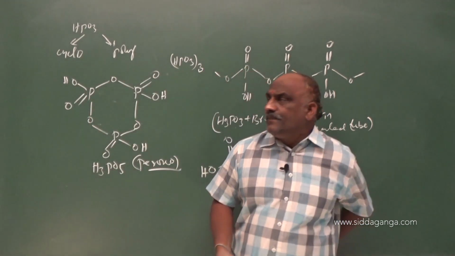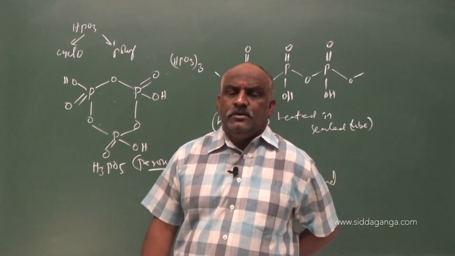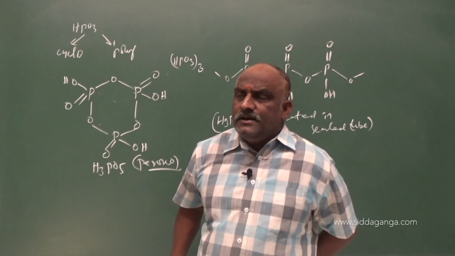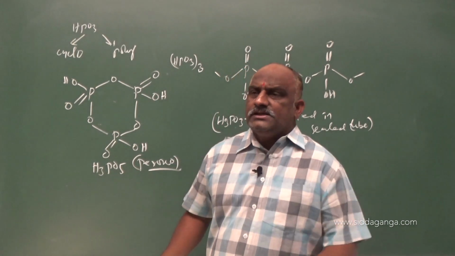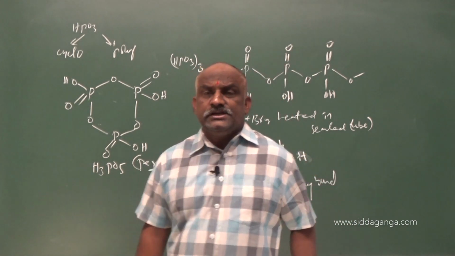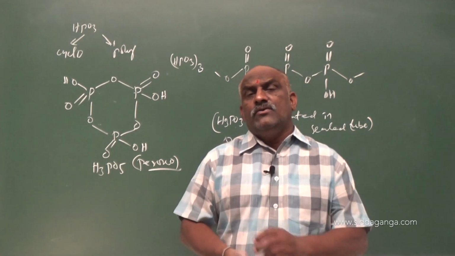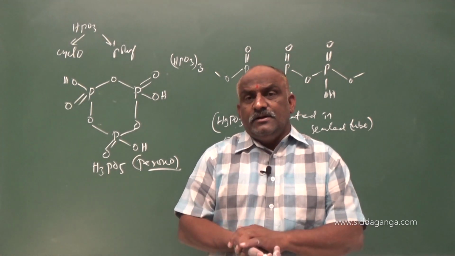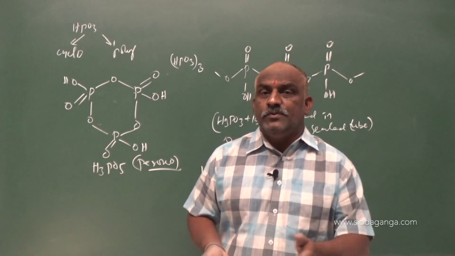So this is about the oxyacids of phosphorus and lower oxidation number. Oxyacids with lower oxidation number act as reducing agents, and they undergo disproportionation.